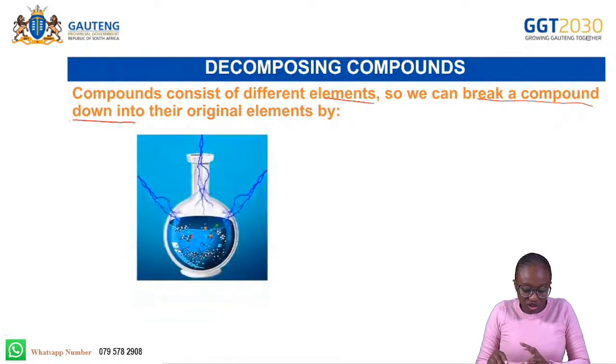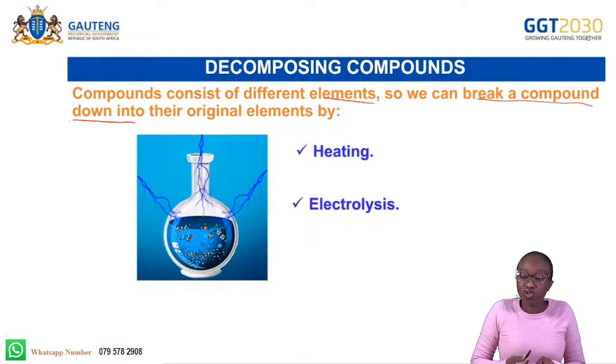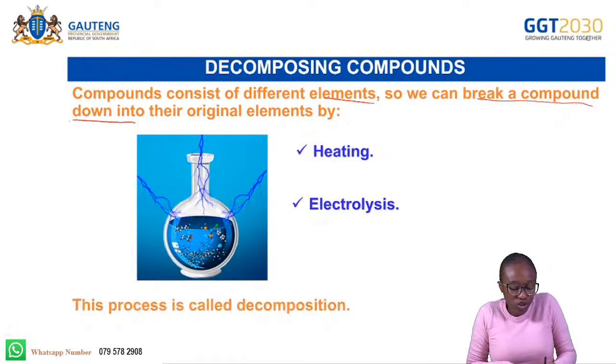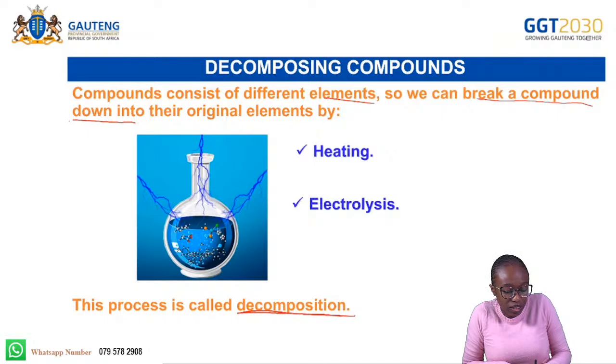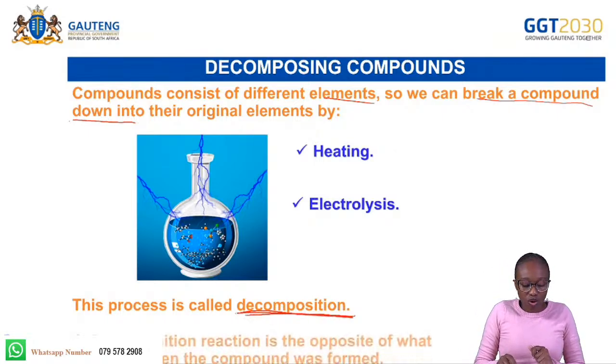This is a picture just to show us breaking down a compound. We can use either heating or electrolysis to break down a compound. Now, this process of breaking down a compound has a special name. Its name is decomposition.